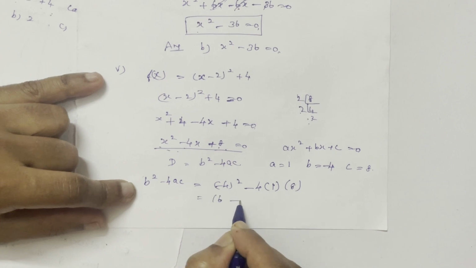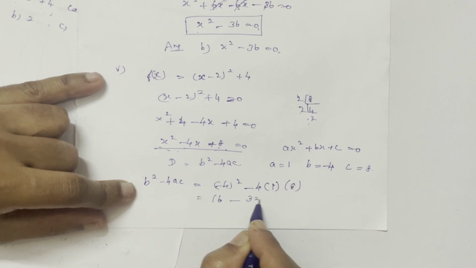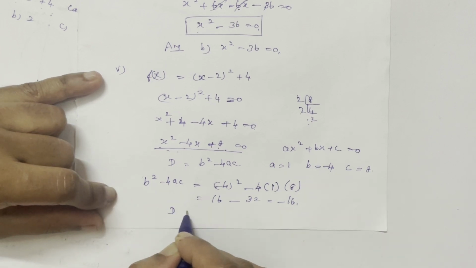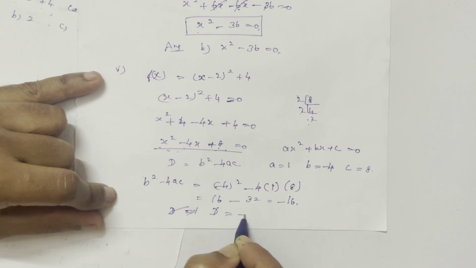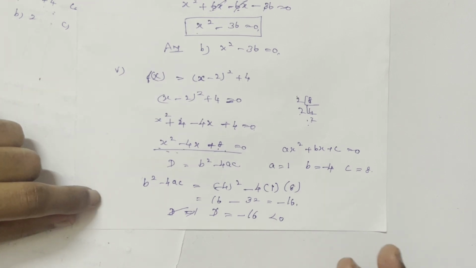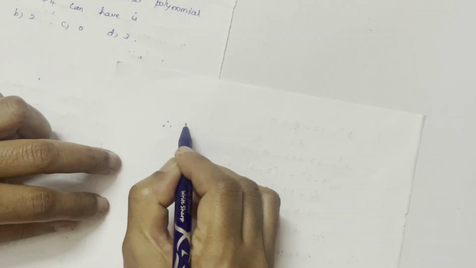That is 16. 8 fours are 32. So our answer is minus 16. That is D is minus 16. So that is less than 0. So the given equation has no real roots.